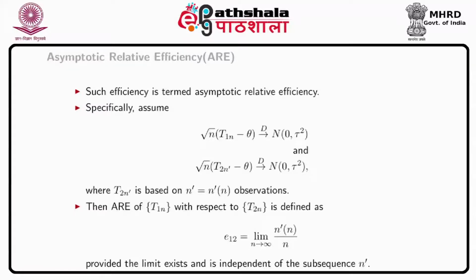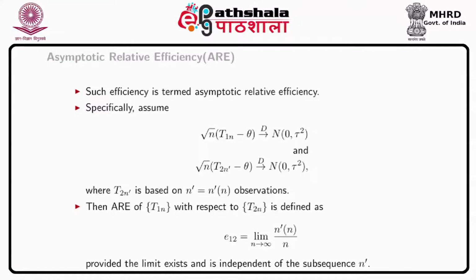In brief, suppose root n into (T1n minus theta) converges to normal (0, tau square) and root n prime into (T2n prime minus theta) converges to normal (0, tau square) in distribution, where T2n prime is based on n prime observations.